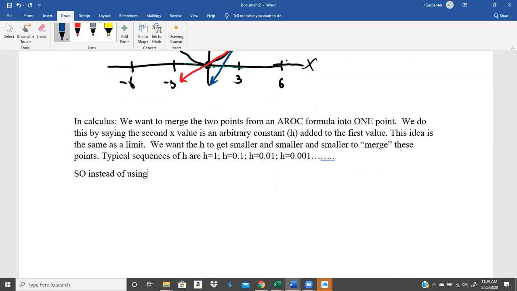So instead of using x2, we call x2 x1 plus h. And again, those are supposed to be little 2's and little 1's. This makes the average rate of change formula change into this thing.